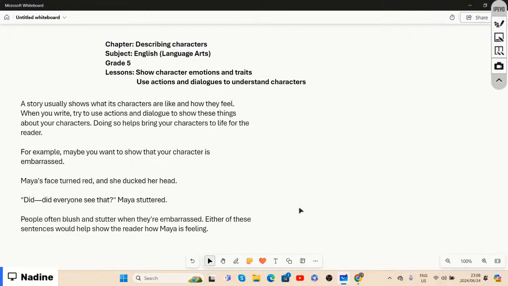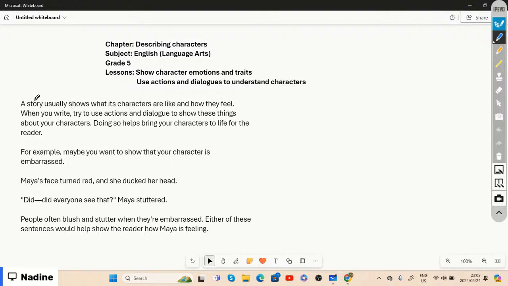All right. So a story, we say that we can find characters in stories, and a story usually shows what its characters are like and how they feel.